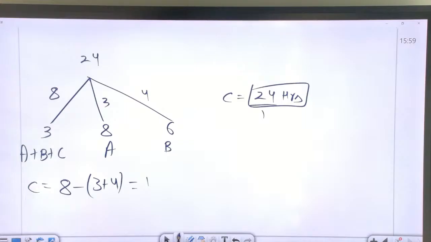The remaining work was completed by C alone in 15 days. In how many days can C alone do 2/3 of the same work?